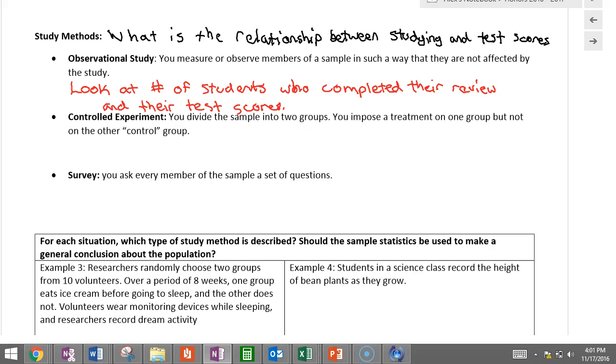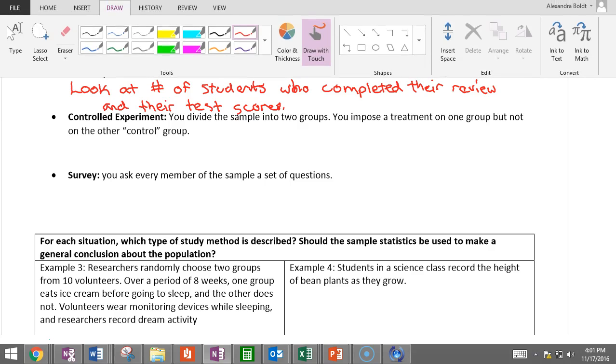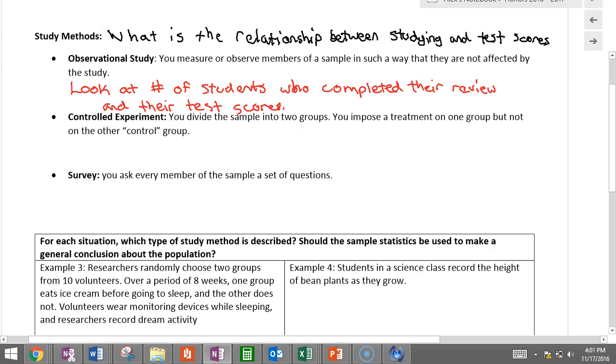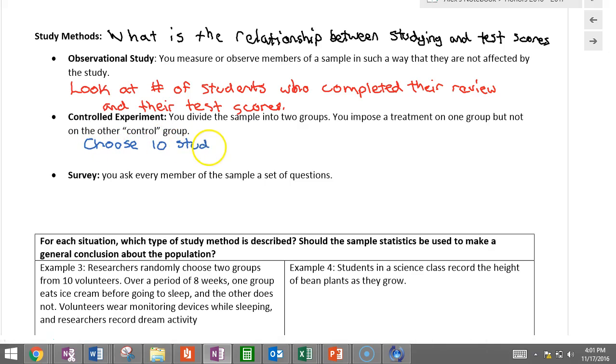In a controlled experiment, you divide the sample into 2 groups. You impose a treatment on one group, but not on the other. So, for example, choose 10 students to study for an hour.